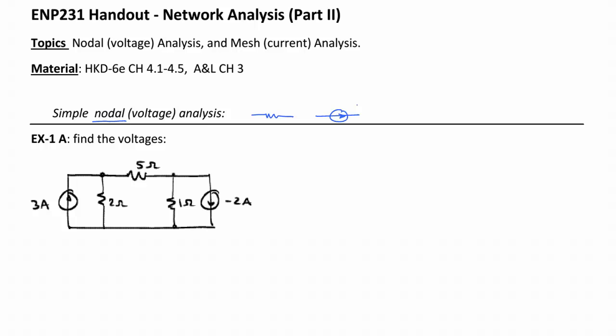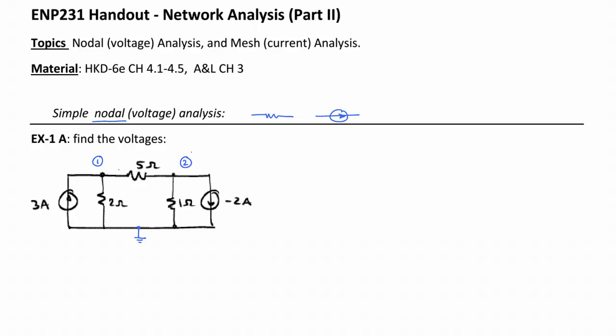Now you know already that when we define a node voltage, it's only with respect to another node. So here, this circuit has three nodes. There's a ground node, or what I'm going to term a ground node. I'm going to choose this lower node as my reference. It doesn't have to be, but that's the one I'm choosing. We have this node at the top left and then another node at the top right.